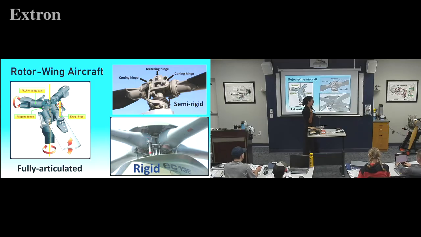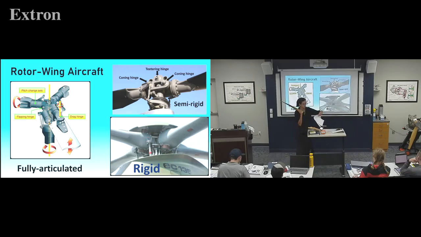All that a rigid rotor blade can do is change pitch. That's it. So it can change pitch as it needs, or blade angle might be more appropriate.